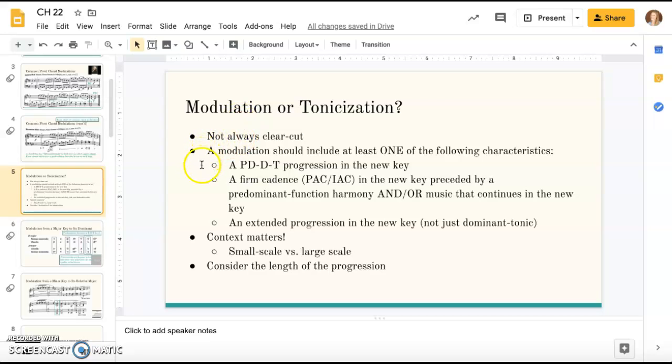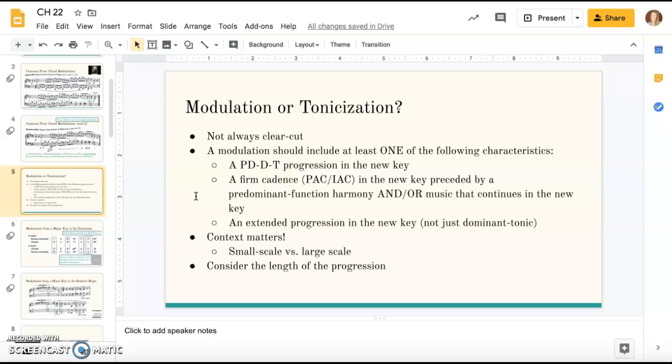So a modulation should include at least one of the following: a predominant, dominant, tonic progression in the new key that really establishes the new key and tells the listener, we're here for a while now; a firm cadence, so an authentic cadence, either perfect or imperfect, in the new key preceded by predominant function harmony; and/or music that continues in the new key. So really just establishing that new key. Are you spending some time there?